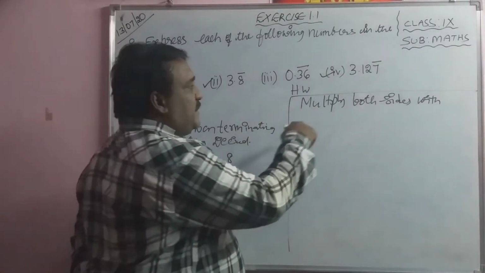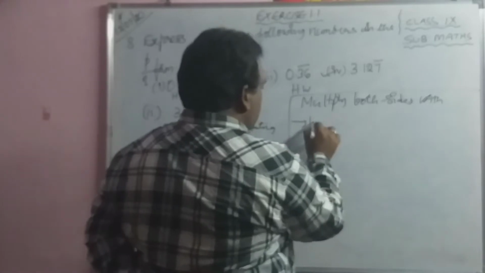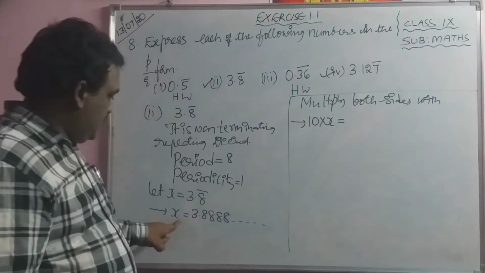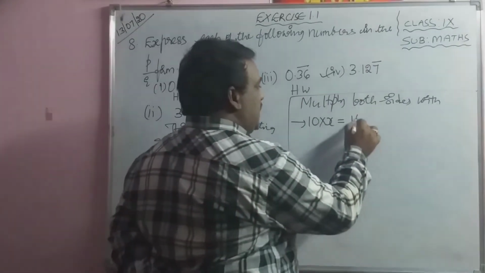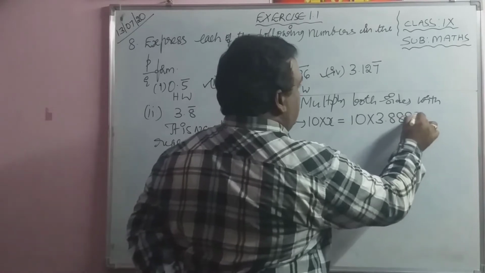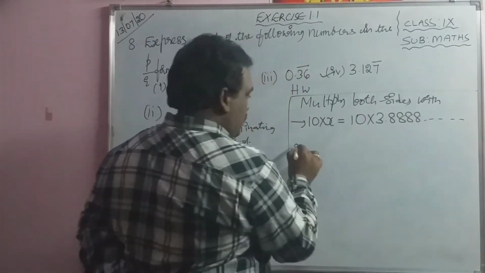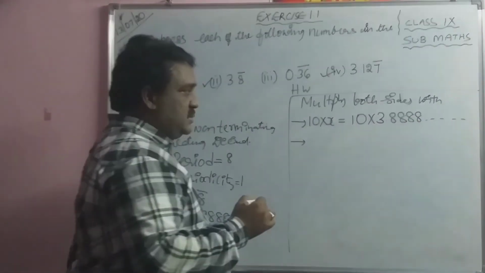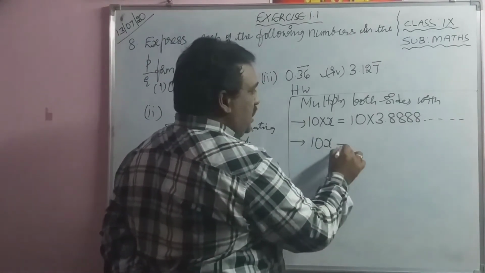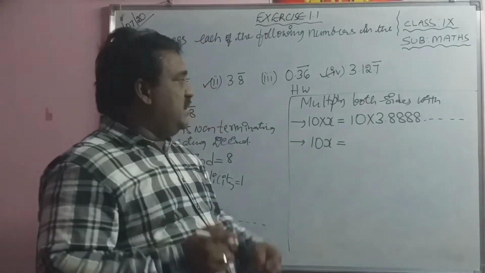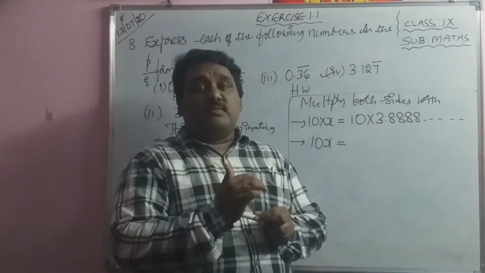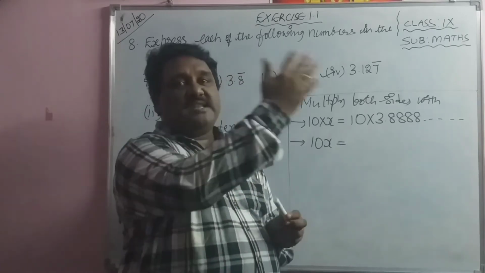So multiply both sides with 10. 10 into x equal to 10 into 3.8888 and so on. In multiplication, the decimal point moves towards the right side.